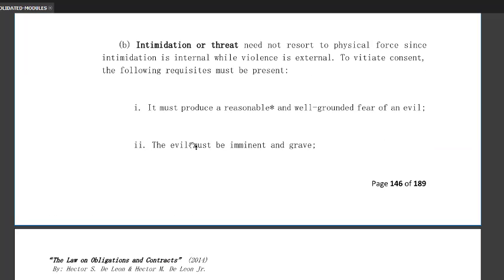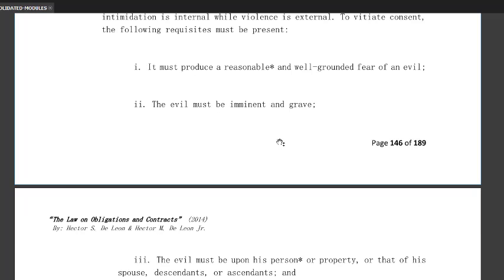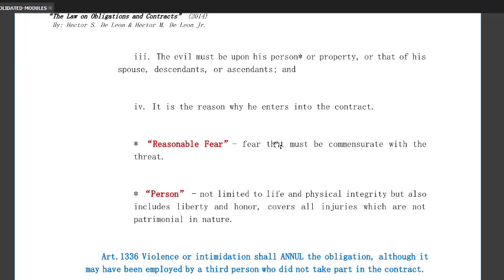Yun yung sinasabi nating tinatakot na hindi natin ina-applyan ng force. So yun po, meron pong nade-develop na fear in that person, kaya po siya napipilitang mag-enter into a contract with you.